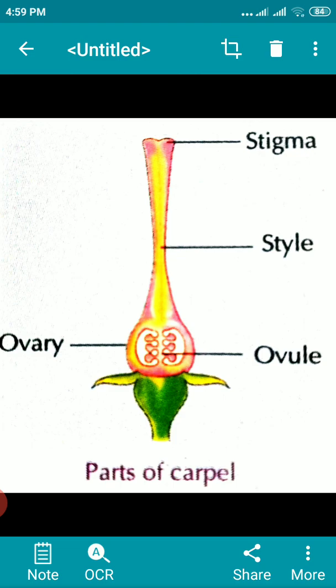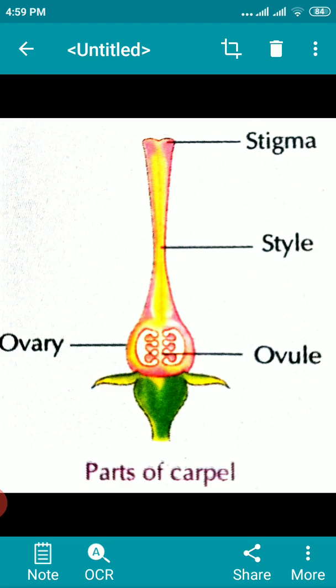So these are the main parts of the flower: sepal, petal, stamen, and pistil, otherwise the carpel. Now you have studied the different parts of the plant and their functions.